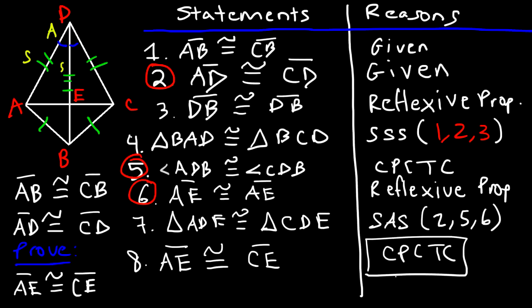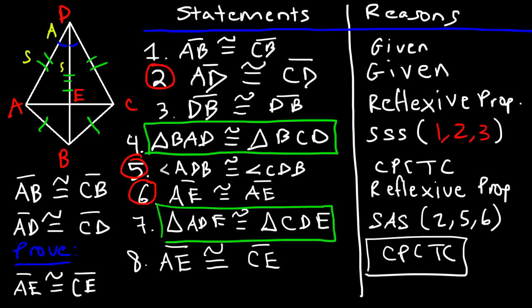So this is a detour proof. And as you could see, we had to prove that 2 sets of triangles were congruent in steps 4 and 7. And that's the basic idea of a detour proof. So everything you've learned before still applies here. It's just there's a lot more work. So make sure you know the postulates for triangle congruence.